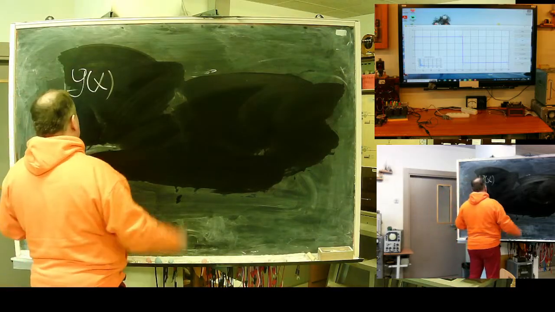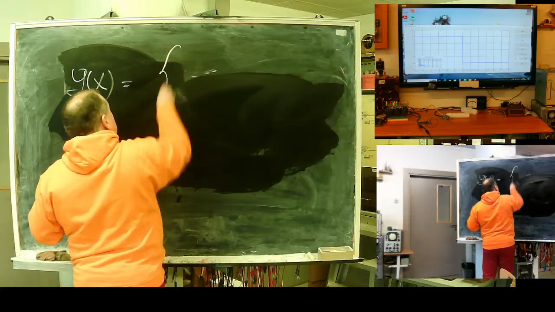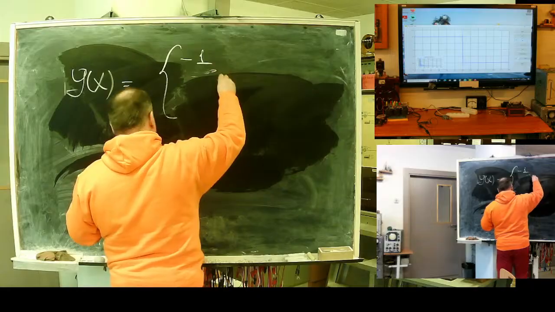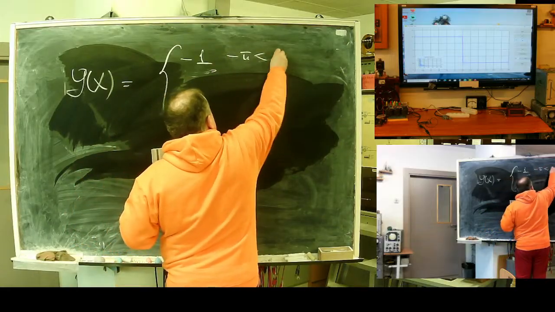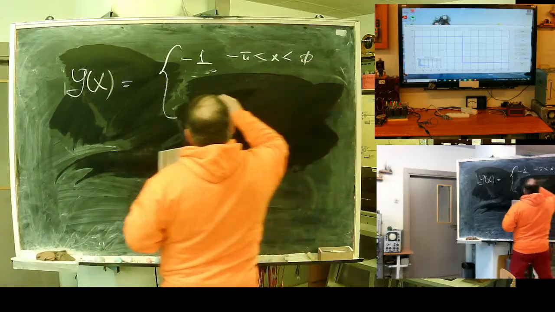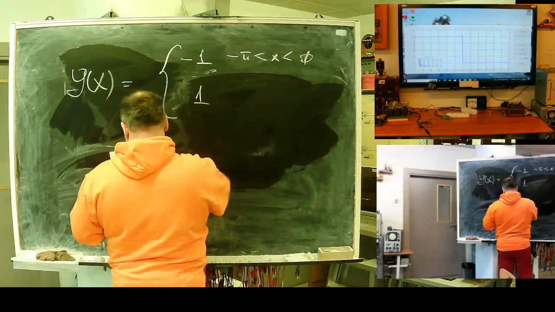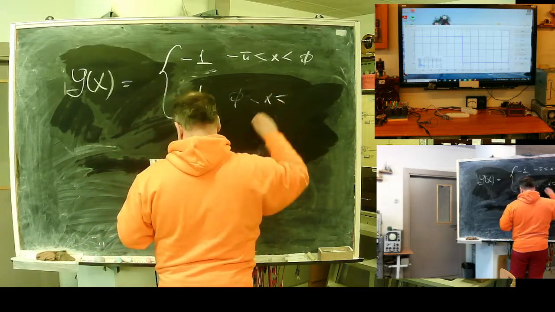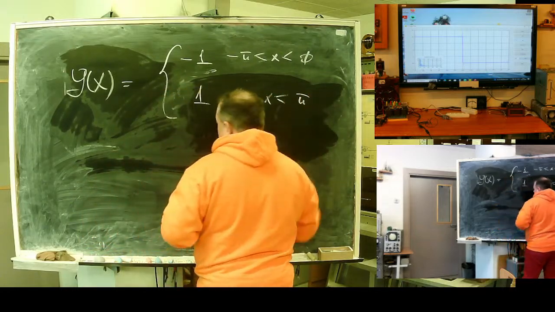Okay, the Gibbs function has values minus 1 for minus pi < x < 0, and 1 for 0 < x < pi.